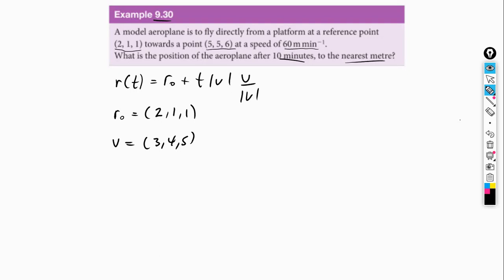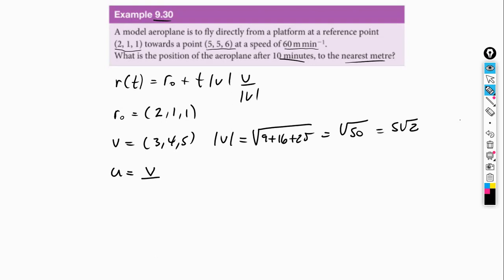Then we can find the absolute value of this, or the modulus, and this is going to be the square root of 9 plus 16 plus 25, which is the square root of 50, and this is equal to 5 square root of 2. Then the unit vector is going to be the vector v divided by the magnitude of v.